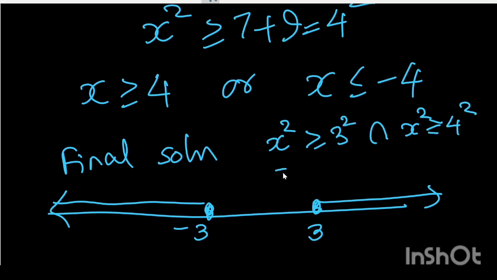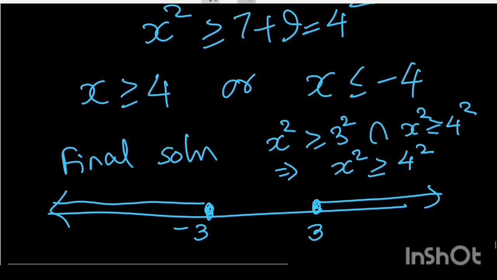Logically, if x square is greater than equal to 4 square, obviously x square would be greater than 3 square. If x square is greater than 16, obviously x square will be greater than 9. So their intersection would be x square greater than 4 square only.